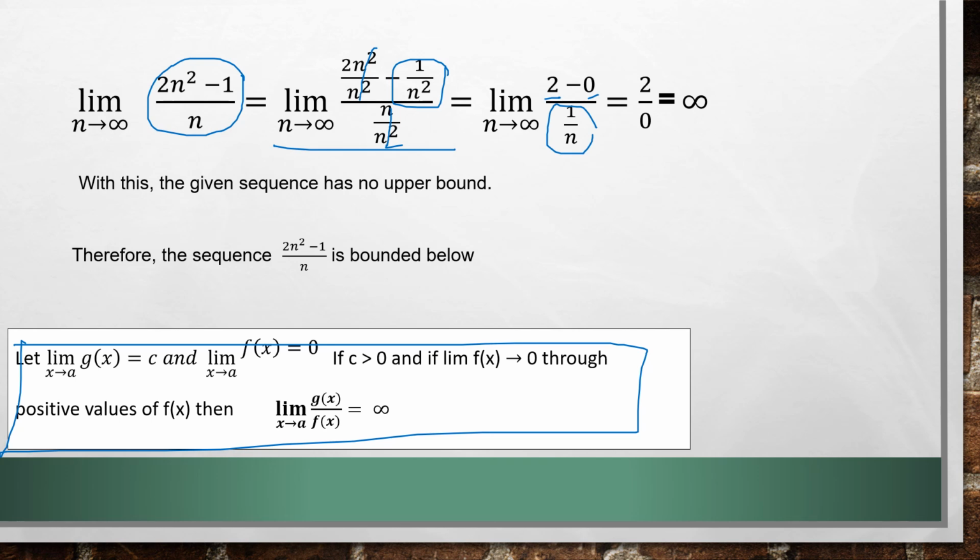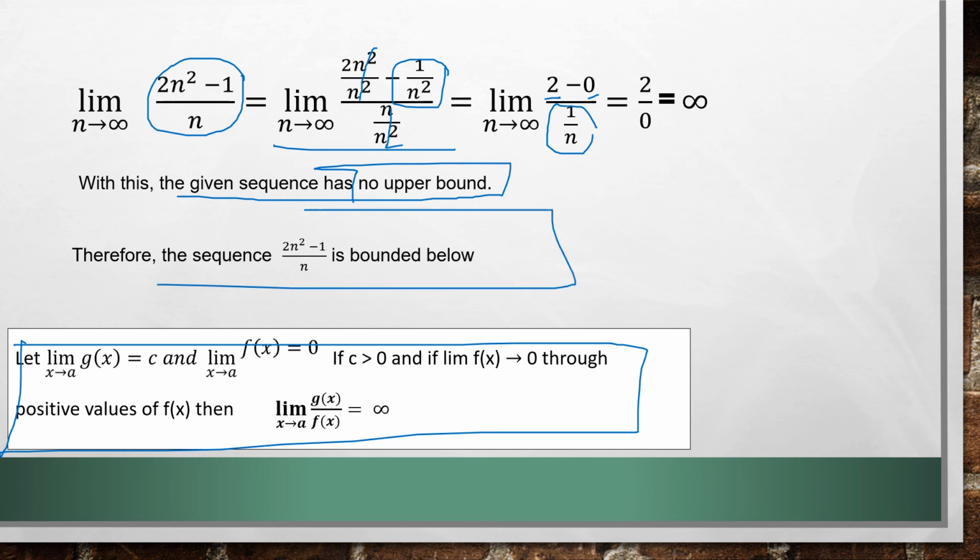Hence, we can say that the given sequence has no upper bound. And so we were able to determine that the given sequence 2n squared minus 1 over n is bounded below because it has only a lower bound.